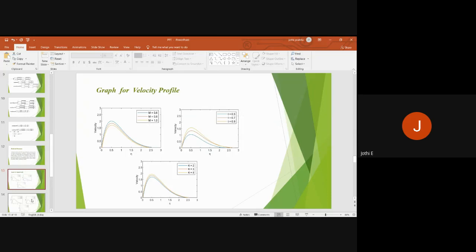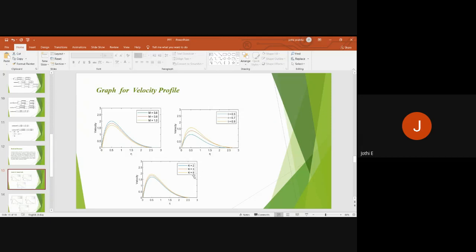I am showing a few graphs for velocity profile. The first one is velocity profile for different magnetic parameter M, 0.6, 0.8 and 1.0. The second diagram is velocity profile for different time, t equal to 0.5, 0.7, 0.9. The third one is velocity profile for different K equal to 2, 3, 5.